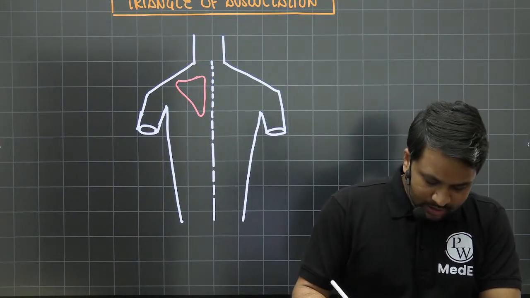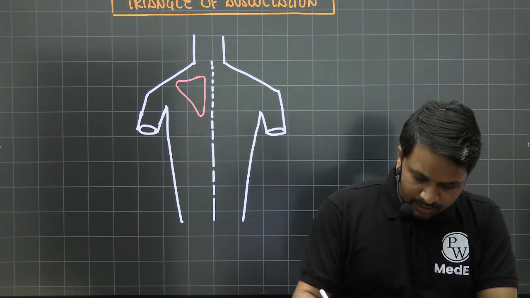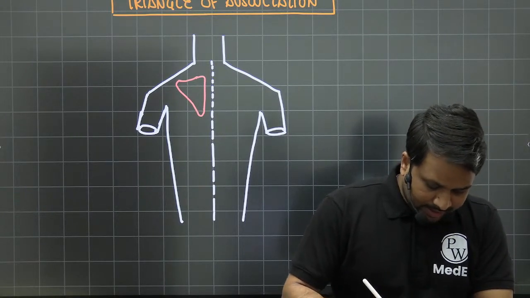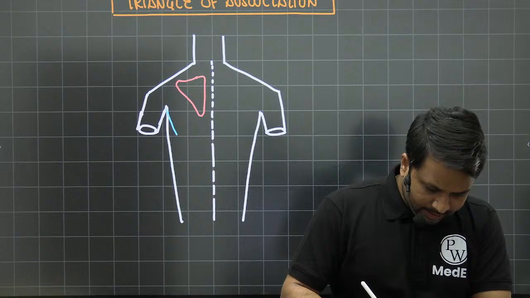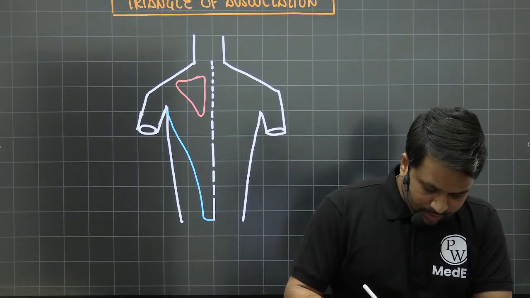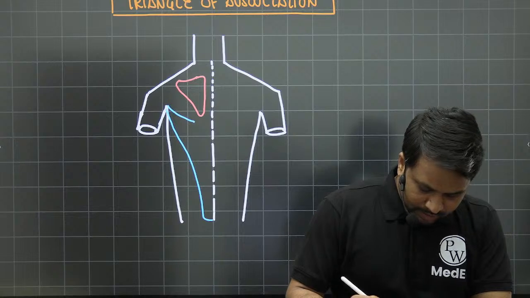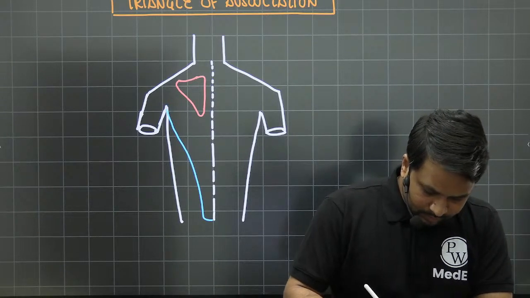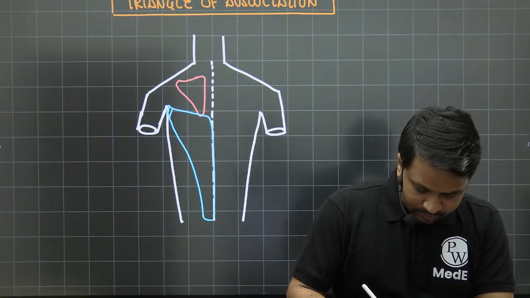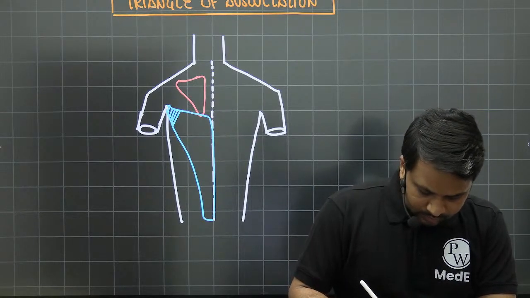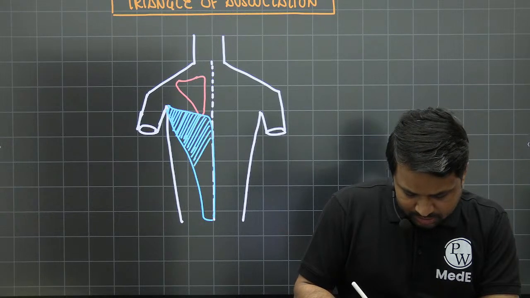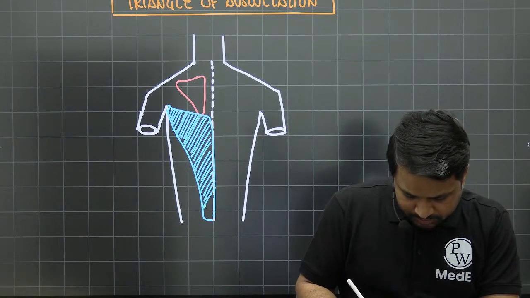Now, there are two muscles which are going to be present. Number one, you will have the latissimus dorsi. The latissimus dorsi will be adherent here, and this is how it would move. So you'll see this is the orientation of the latissimus dorsi muscle.